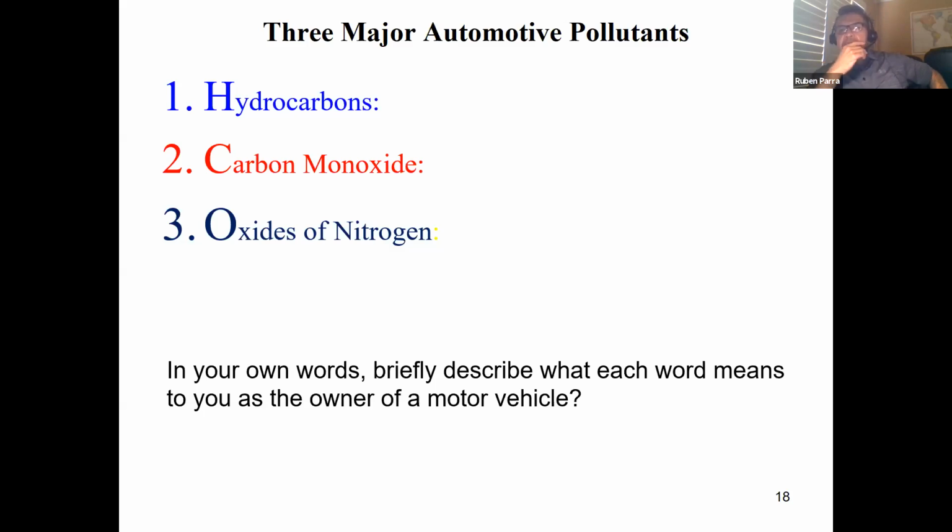Now you're a technician, and you will have to explain to consumers, to the shop manager, to somebody what each of these are. So you should be able to describe what each of these are.